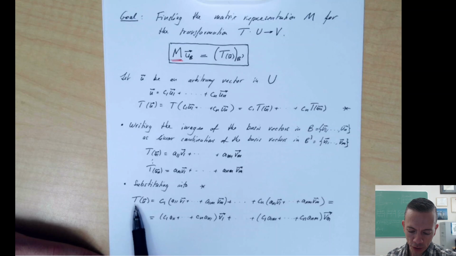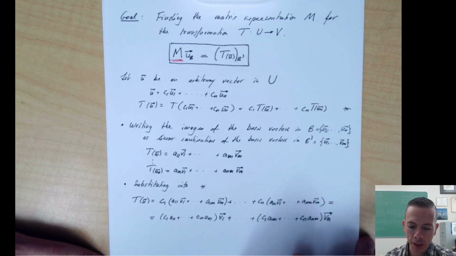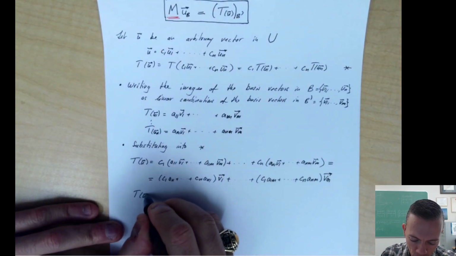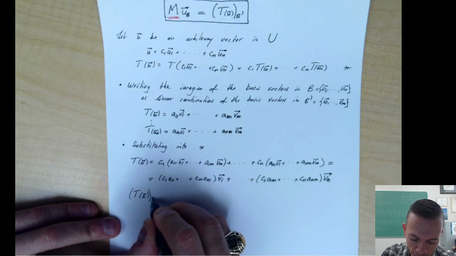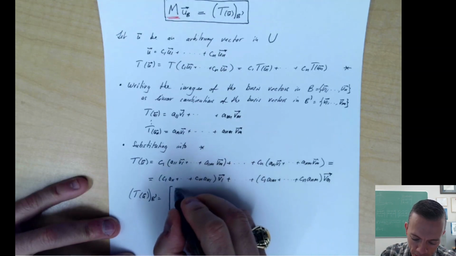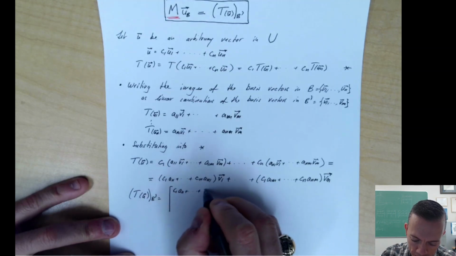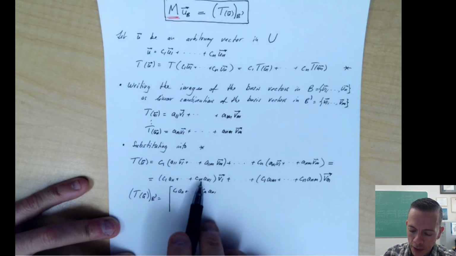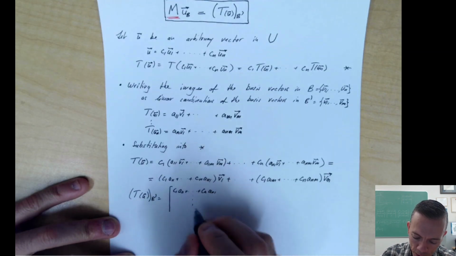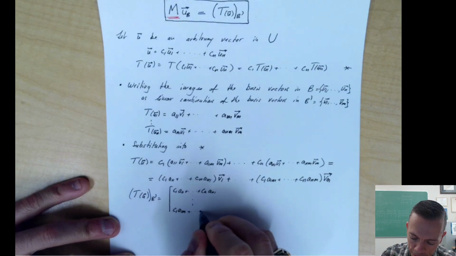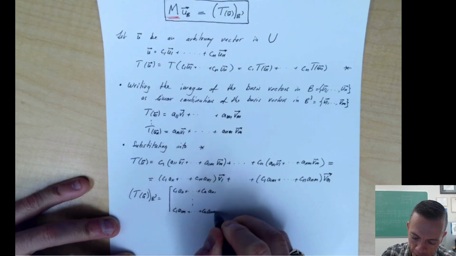So we now have an expression for T of u written as a linear combination of the vectors in B prime. So we can write the coordinate vector of T of u relative to B prime, which is the vector whose first component will be c1 a11 plus, etc., cn times an1, and then the other coefficients will be the other components going down until c1 a1m plus, etc., cn anm.